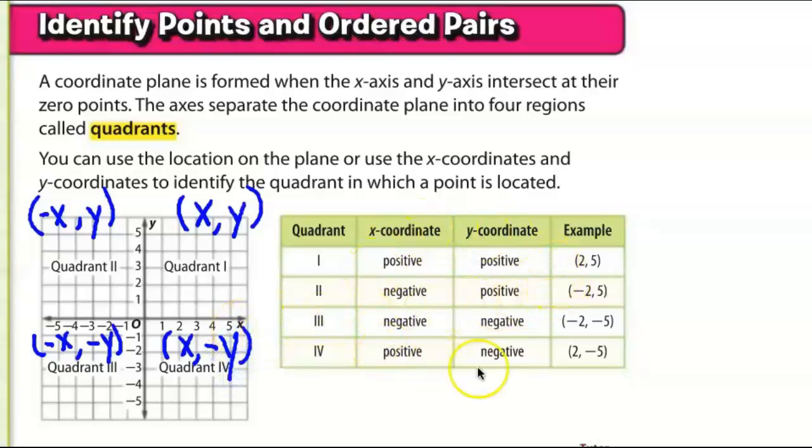All right, so please study this chart and study this picture, because these always follow this pattern. Quadrant 1 is always all positive. Quadrant 2 always has a negative x value and a positive y value. Quadrant 3 always has all negative values, x and y. And quadrant 4 always has positive x's and negative y's.